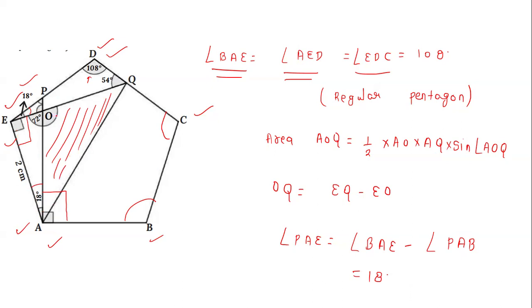So we have to find the area of this triangle AOQ. What is the area of this triangle? It is simply half times AO length multiplied by OQ length multiplied by the sine of the angle between these two sides. We have to find the lengths of AO and OQ and the angle between these two sides, and then we can find this area. So how do we find the OQ length?